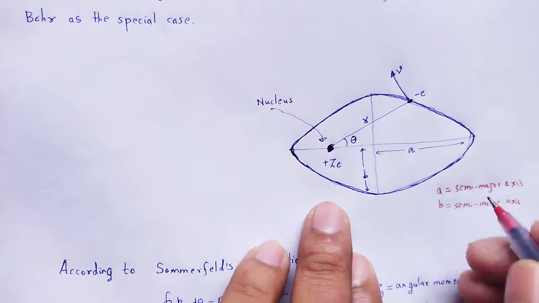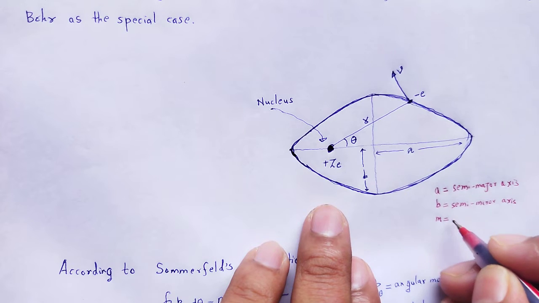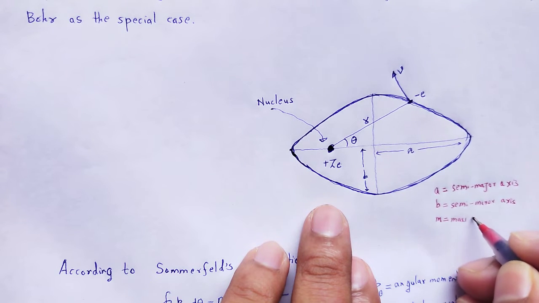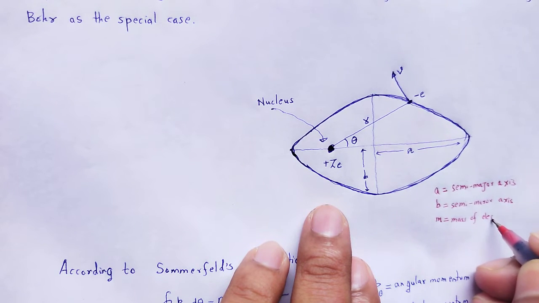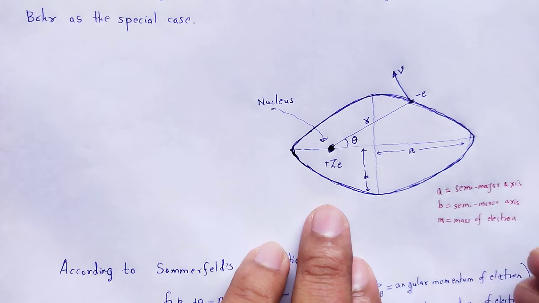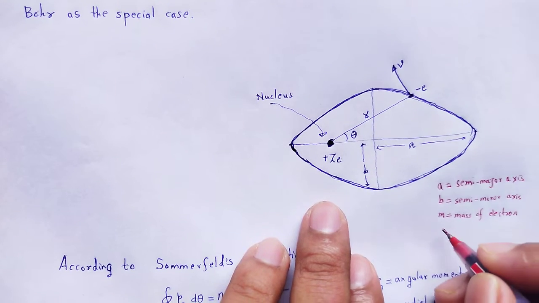The electron has mass small m, and it has the velocity v.